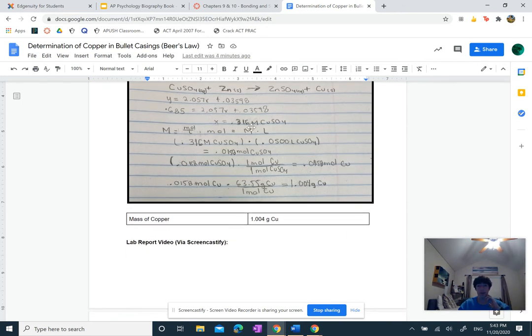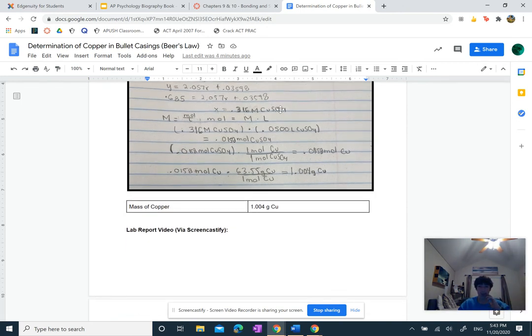So going down into this, we've got y equals 2.057x plus, that's just our line regression equation that we got from our graph. Getting this molarity for copper sulfate, what we do then is a simple dilution problem where we just do molarity times volume, and that would get us our moles of copper sulfate.